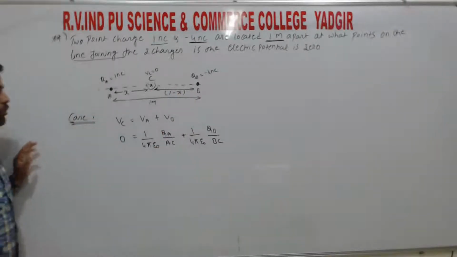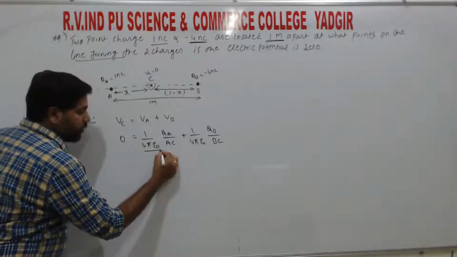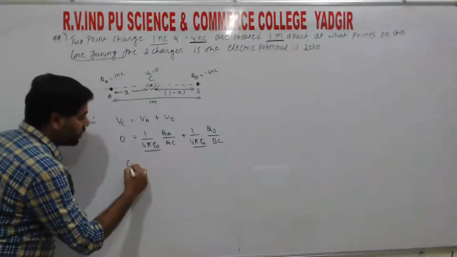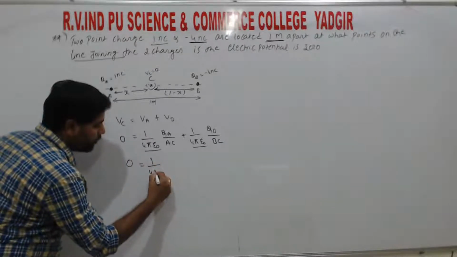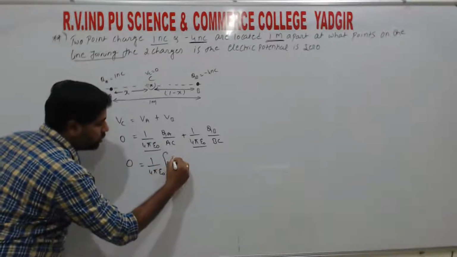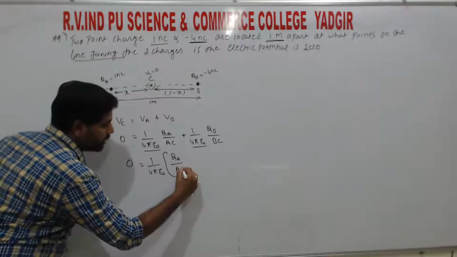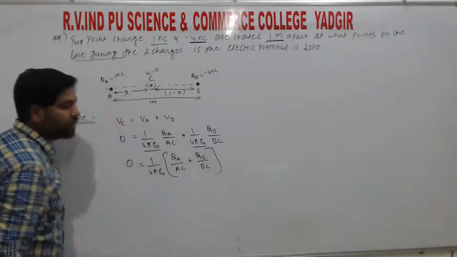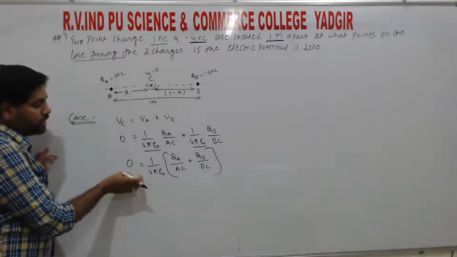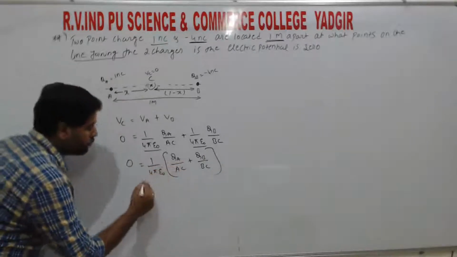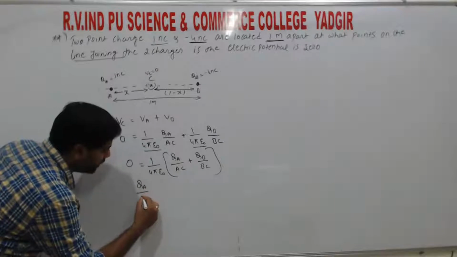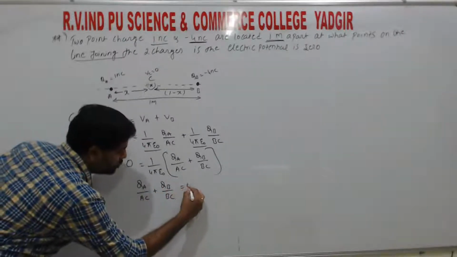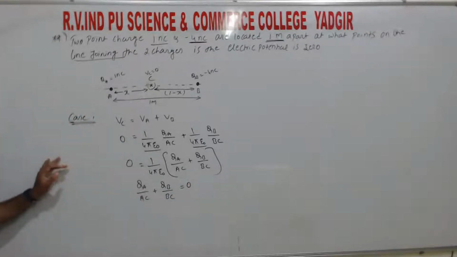In the RHS, 1 by 4 pi epsilon naught is the same, so we can take it common: 1 by 4 pi epsilon naught times (QA by AC plus QB by BC). If we shift this to the LHS, this term becomes 0. So we can write QA by AC plus QB by BC equals 0.